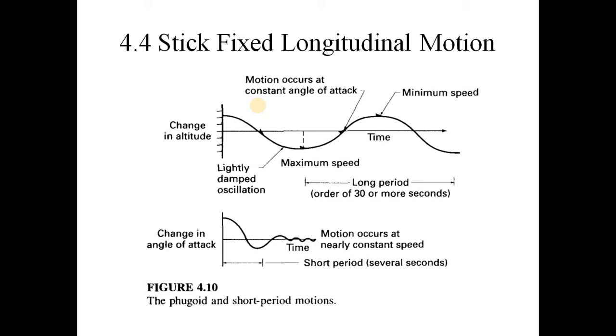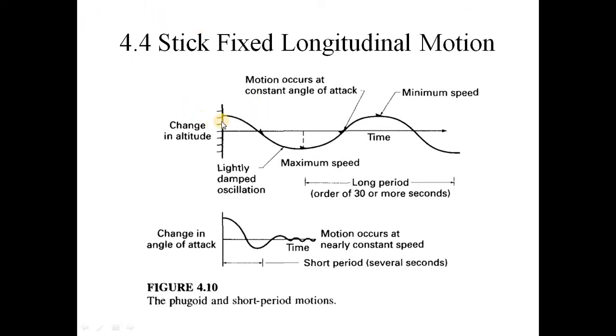This kind of motion occurs at constant angle of attack, and it is also a lightly damped oscillation. So most likely you will find that the damping ratio is on the low side, perhaps very low.